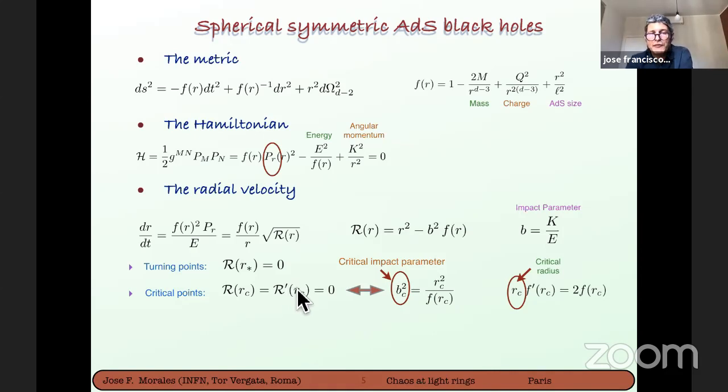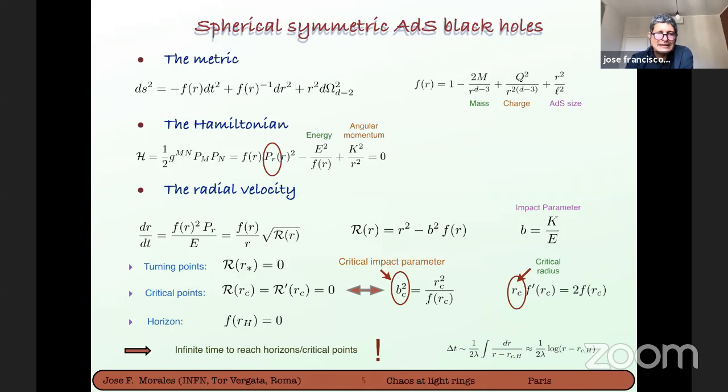This is the photon sphere. This will be the radius of the photon sphere. And finally, if you don't find any zero, any turning point, you reach the horizon and you are lost inside the hole. Now notice that horizons and critical points are very similar. Both are very difficult to reach.